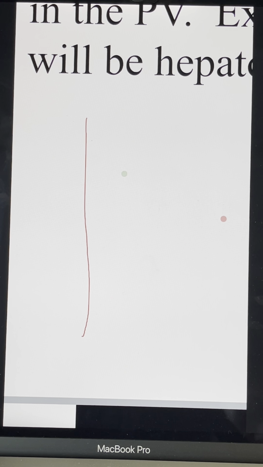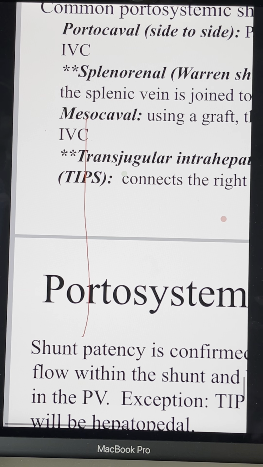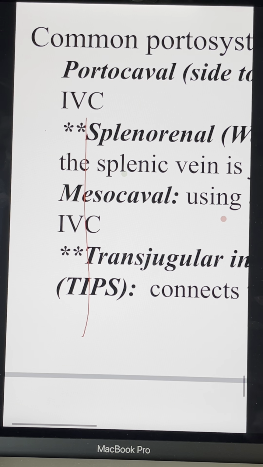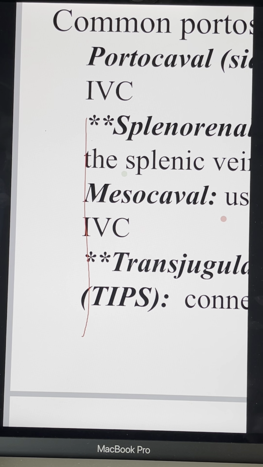Yes. And what's the second one? Splenorenal or Warren shunt. So portocaval, let's just go over here, I'll write it over here. Portocaval, splenorenal, mesocaval, and TIPS, four.